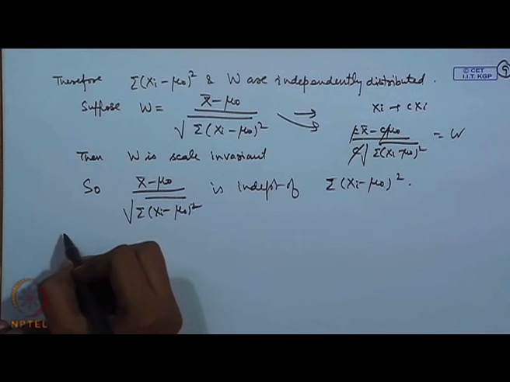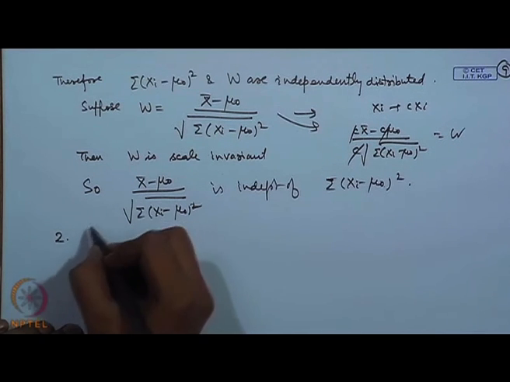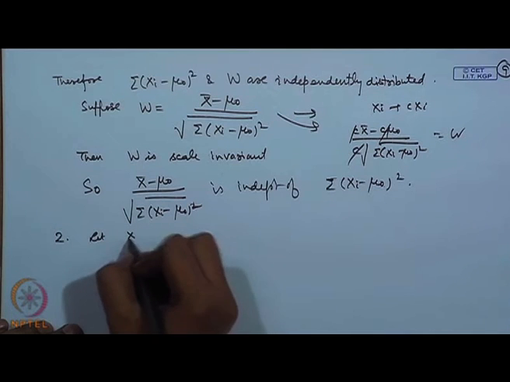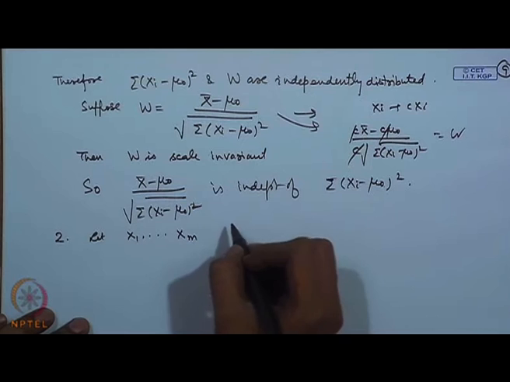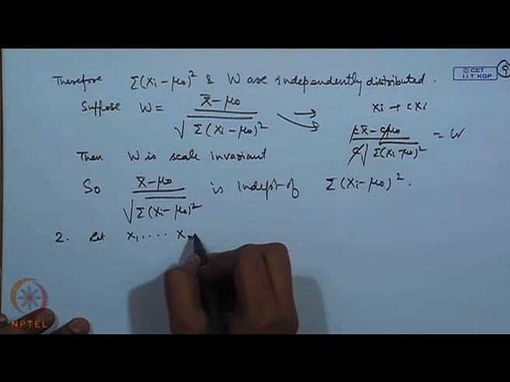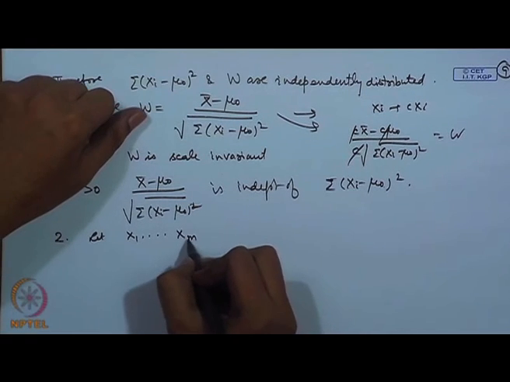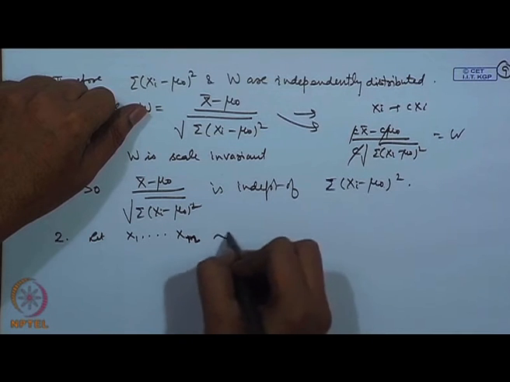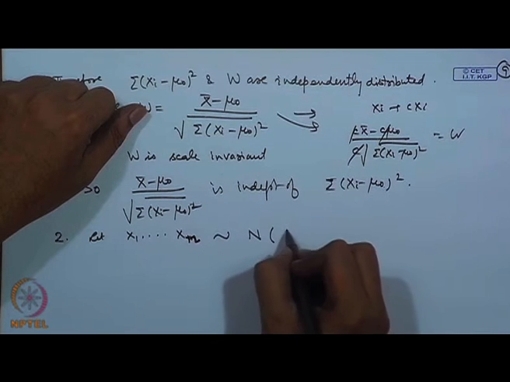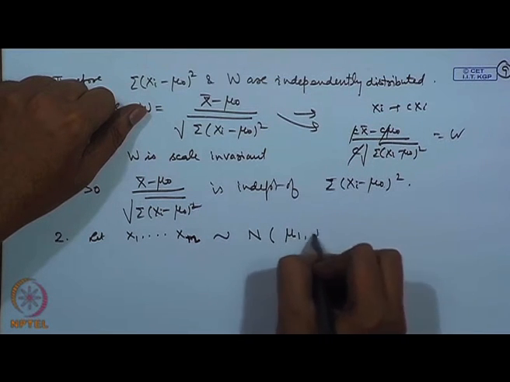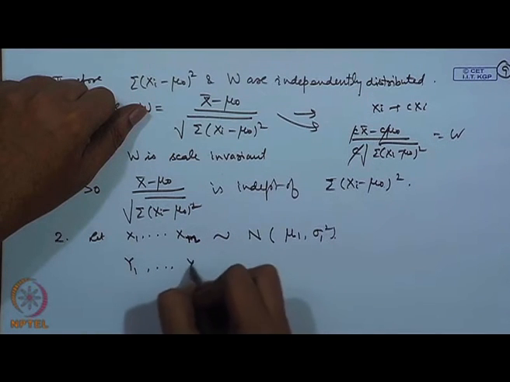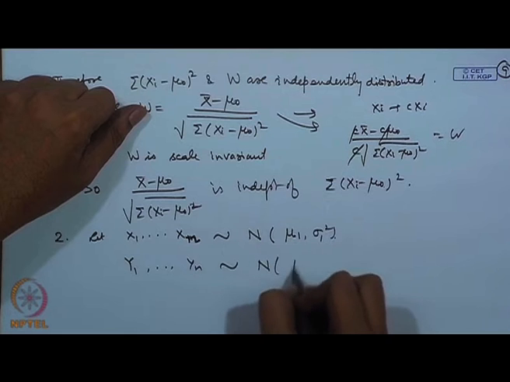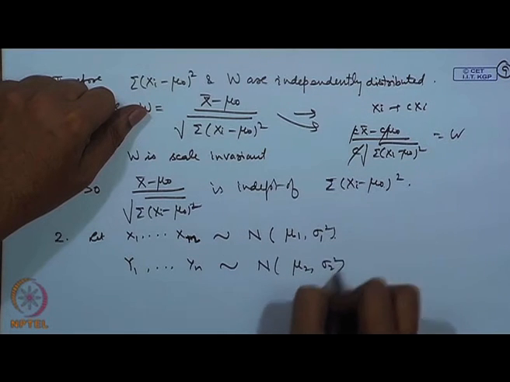Let me take another example here. Let x 1, x 2, x n be a random sample from normal mu 1, sigma 1 square, and y 1, y 2, y n be another random sample from normal mu 2, sigma 2 square.